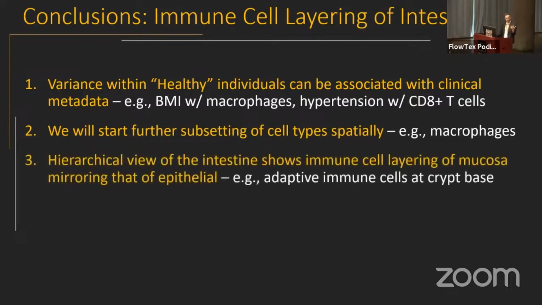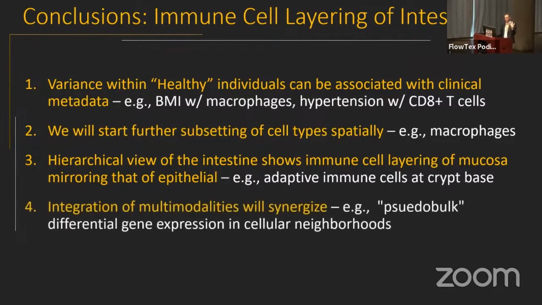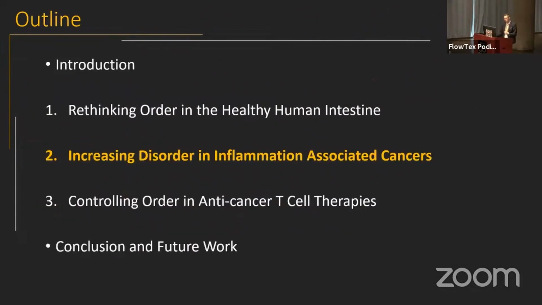And the more that we understand that, we'll understand some things mechanistically. Having this hierarchical definition of the intestine really enabled us to connect cells to multi-cell modules, to larger communities, to understand what's driving organization. And then, integration of multimodalities, I think, is going to be an important part going forward, just like this example that I gave.